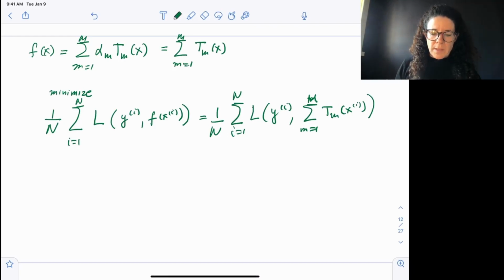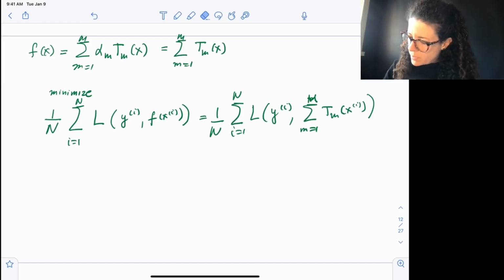But this expression here is very hard to optimize, as we have talked about in the past, and that is when we decide that we're going to fit one tree at a time. This is called forward stage-wise additive modeling. So let's talk about step 0.